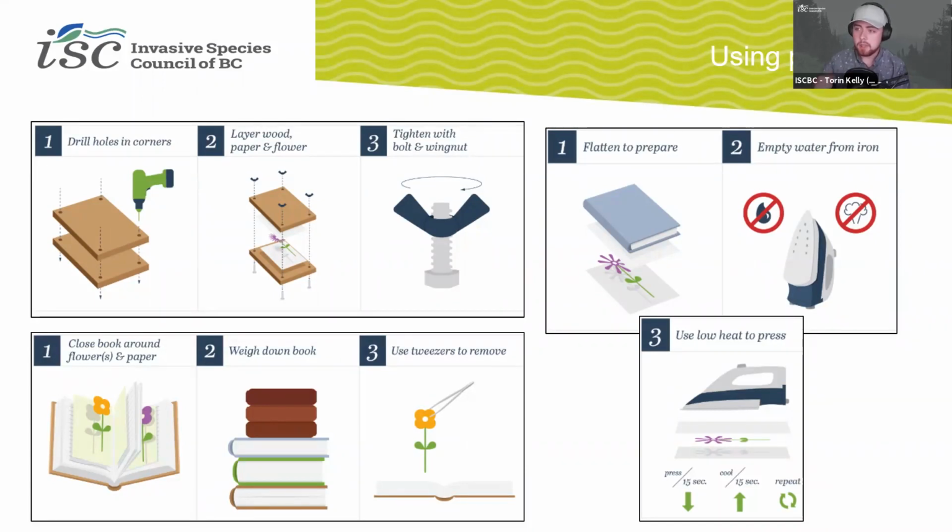You're going to slowly, it says 15 seconds on, 15 seconds off. And then you're going to pull up the paper and see, okay, is most of the moisture out? No. 15 more seconds on, 15 more seconds off until the plant looks completely devoid of water. And the way that we would know that is if we pick the sample up, it would stay nice and straight. It wouldn't kind of flop around.